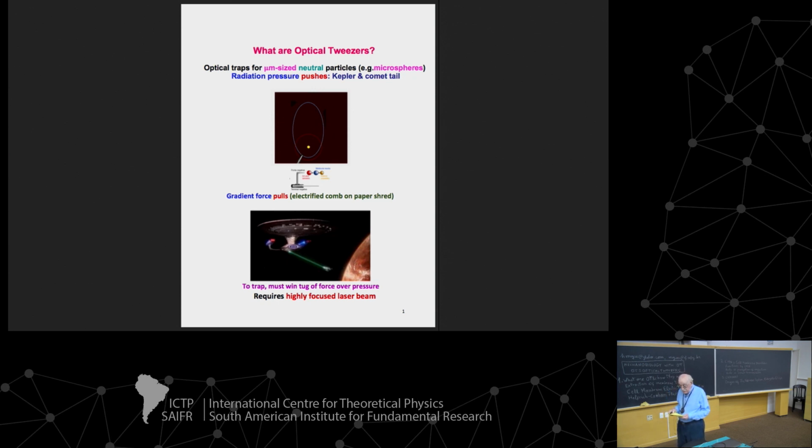Now, besides transmitting energy, radiation exerts forces. It produces what is called radiation pressure. And radiation pressure pushes an object.